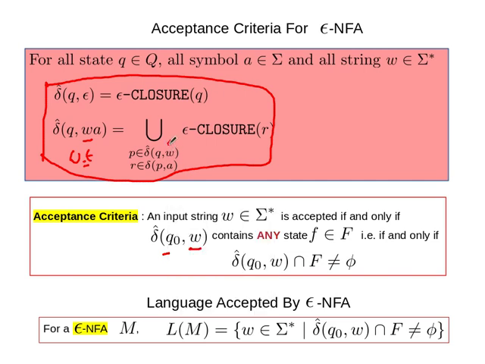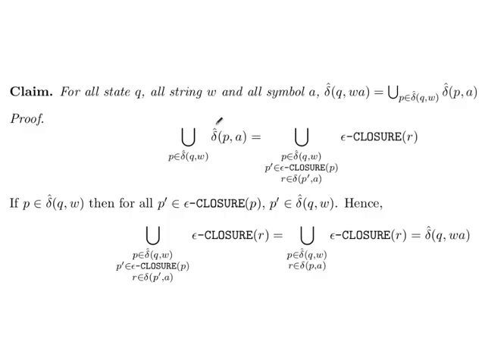And then this is epsilon closure of Q. So what you will have here is P coming from epsilon closure of Q, and then R coming from delta of PA, and then you are taking the union over all such R. So that is what we have here.